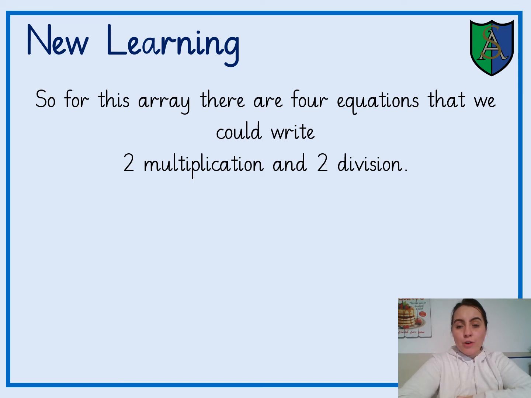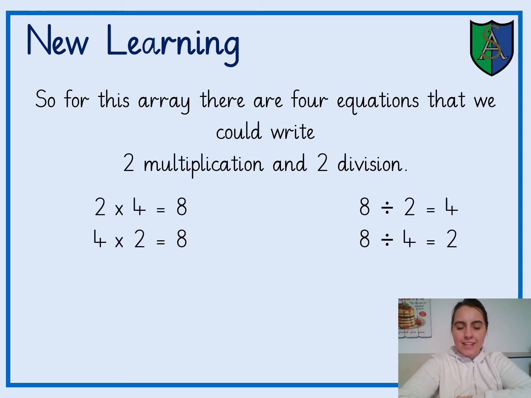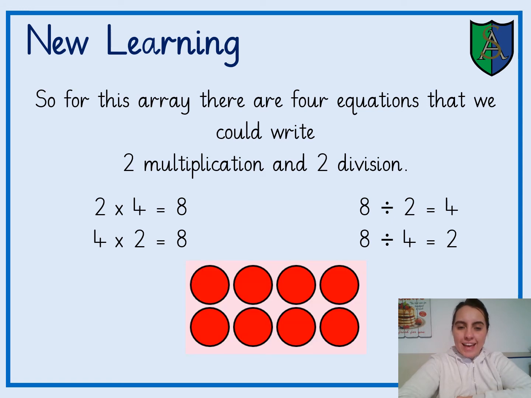So, for the array that we've just been looking at, there are 4 equations that we could write. We've got our 2 multiplication and our 2 division equations. Here's the array again. If you look, you can see that it's 2 times 4. So you've got 2 rows of 4. So 2 times 4, which equals 8. And you can also see that it's 4 columns with 2 in each.